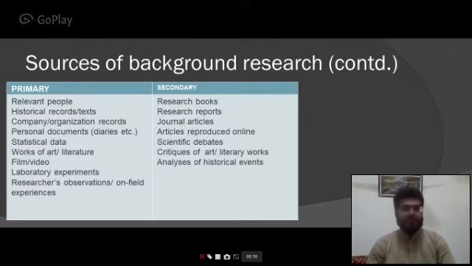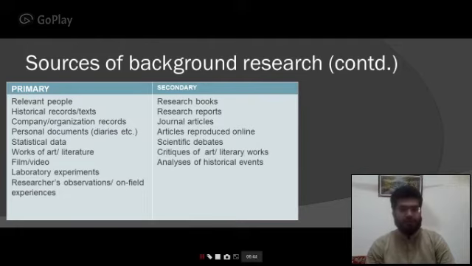Now here I have provided you a list of both primary and secondary sources just as an example. So in primary sources we have relevant people like the participants of your study, if you are conducting a survey or a questionnaire or an interview.